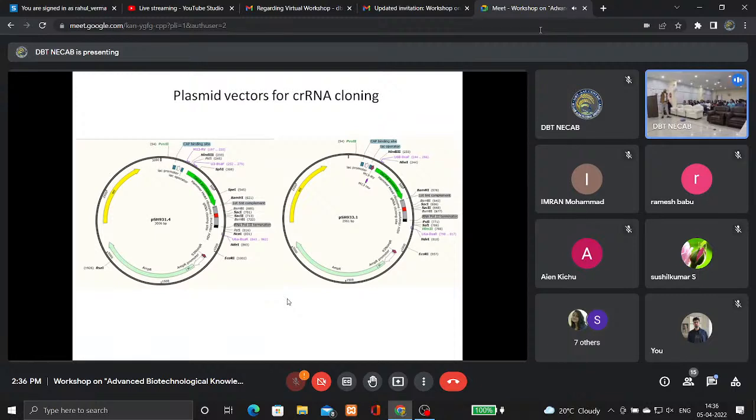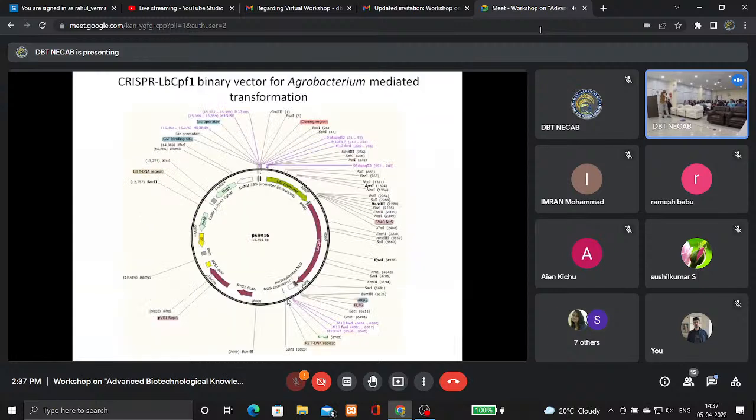These are the expression cassettes. Here you can see the Cpf1 endonuclease, which is driven by the ubiquitin promoter. It has hygromycin as a plant selectable marker gene, kanamycin as a bacterial selectable marker gene, and the left border and right border.